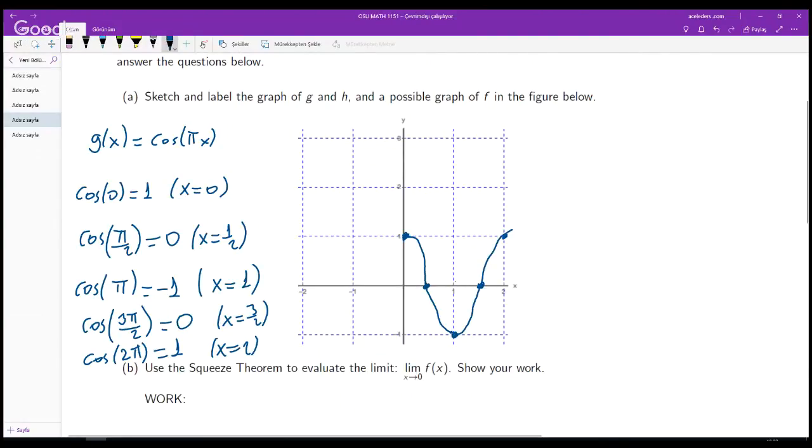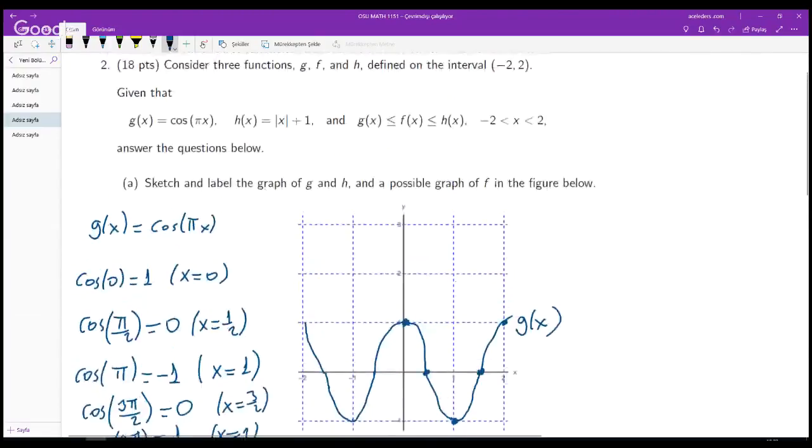This is the first one. And please check the other points, like x is minus 1 over 2, and then x is minus 1, and then x is minus 3 over 2, and x is minus 2. Okay, so this is the graph of g(x).